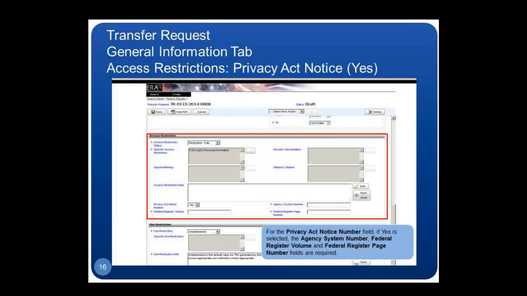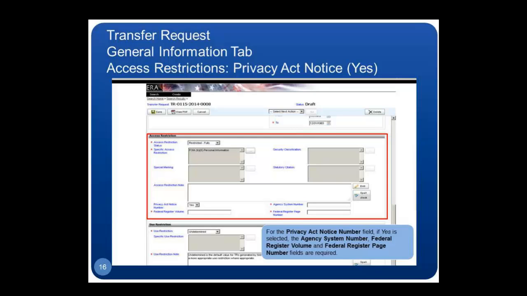This is for folks who are actively working in ERA on transfer requests. If you do not have any responsibilities in ERA to evaluate these transfer requests or approve them or track them, then this is probably not relevant for you.